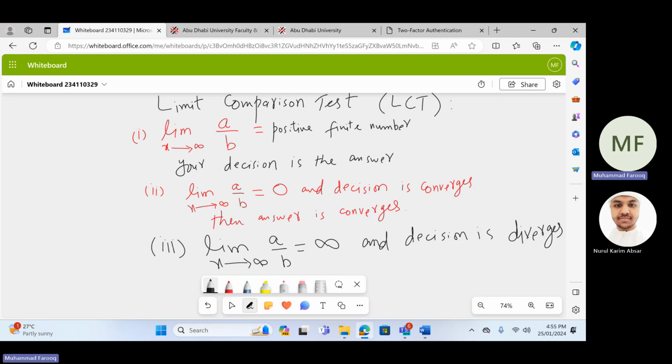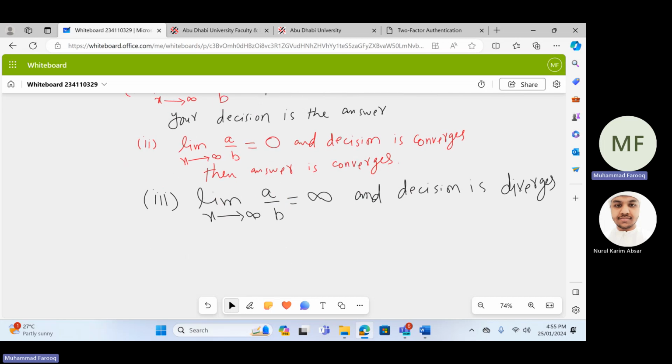Then the answer is, as I told you, in this situation either both converge or both diverge. That's why the decision and this calculation must match. That's why in LCD, either both converge or both diverge.